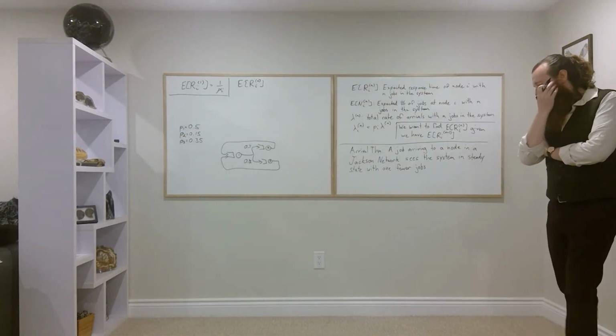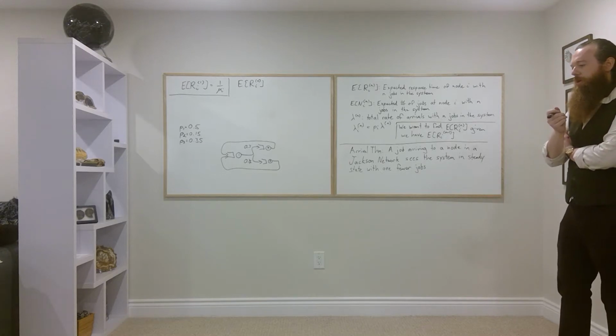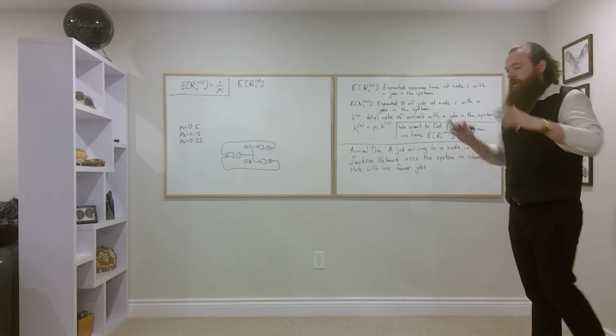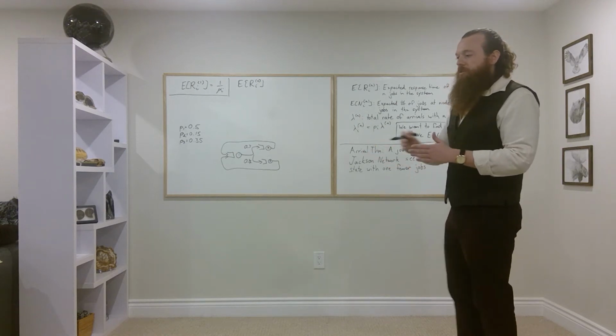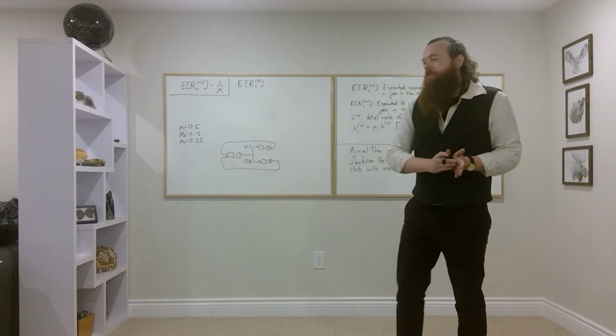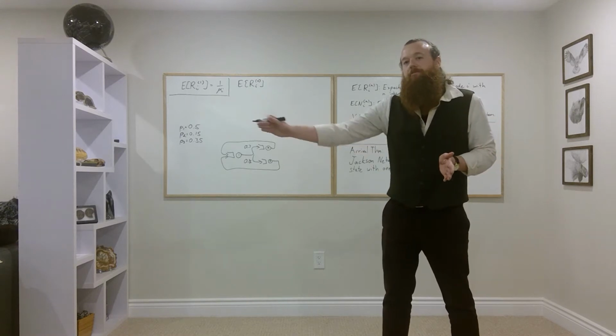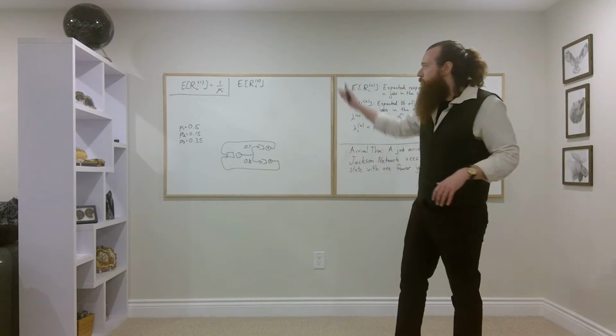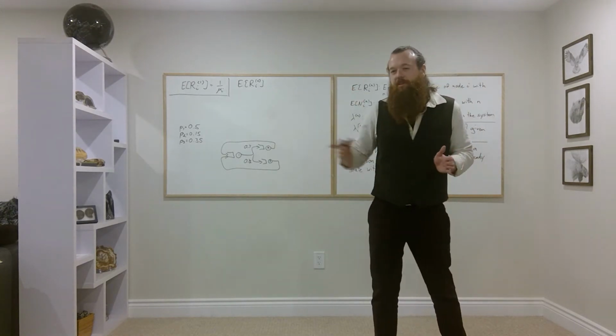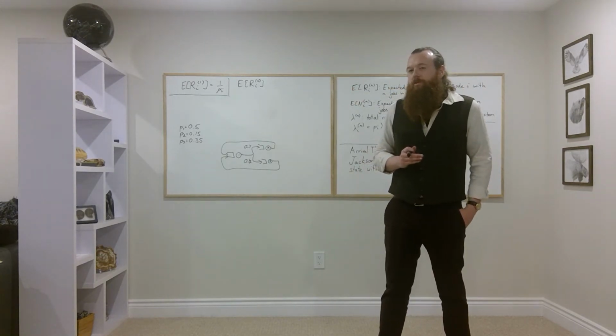What exactly would you have to figure out? Well, think of it this way. When I arrive to a queue, what's my response time going to be? It's going to be my service time plus the time it's going to take to process everyone else. Well, that's the tricky part. I know I at least have the service time, 1 over mu, but how long is it going to take to process everyone else?